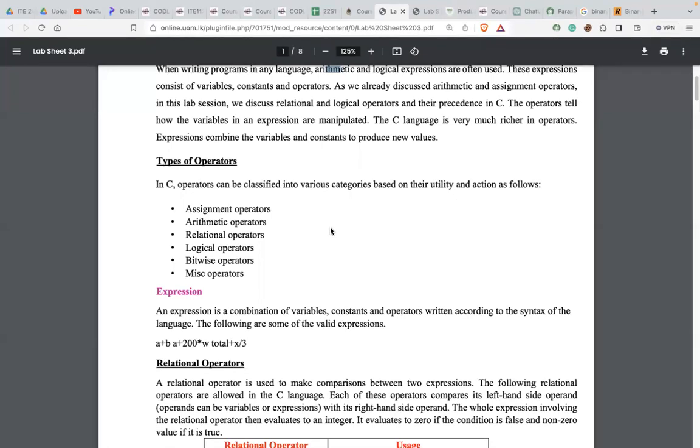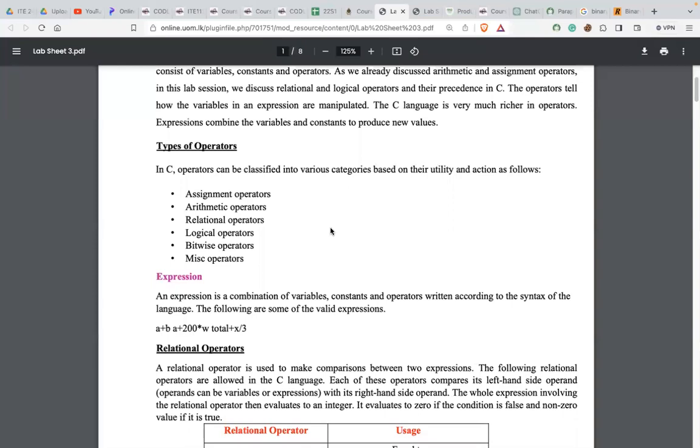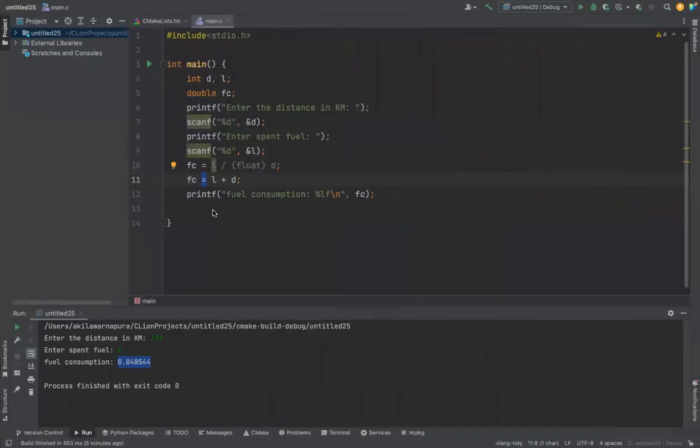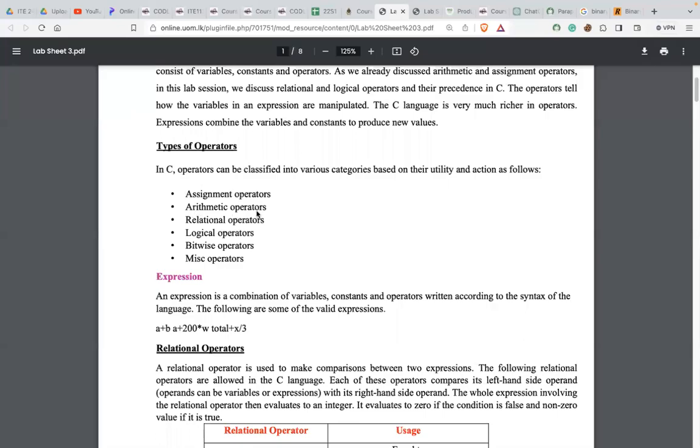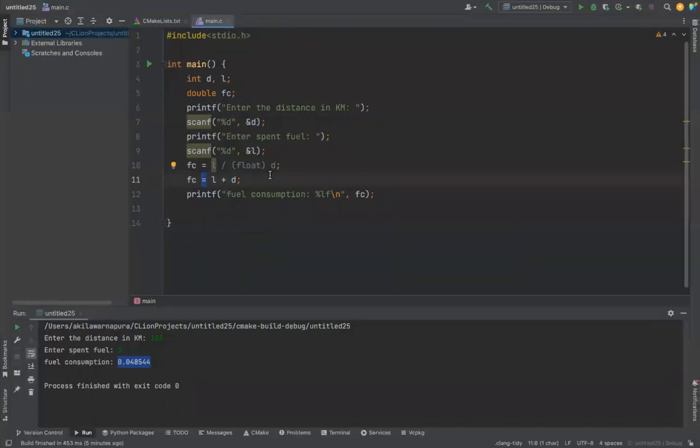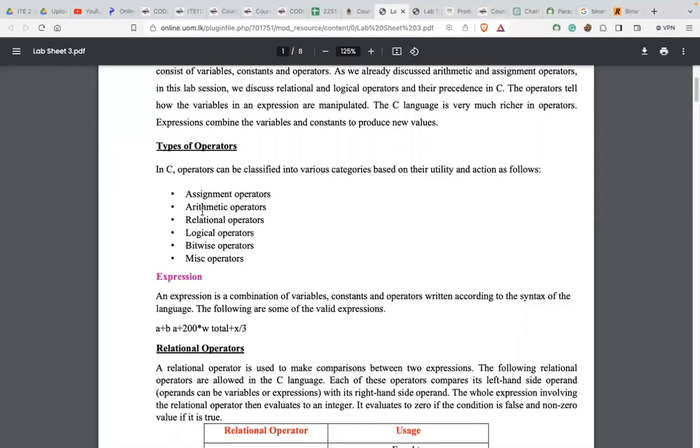One is the assignment operator, which you already know, for example the equal sign. Then arithmetic operators, I gave you that example: L plus D, L minus D, L divided by D. Likewise, those are arithmetic operators.